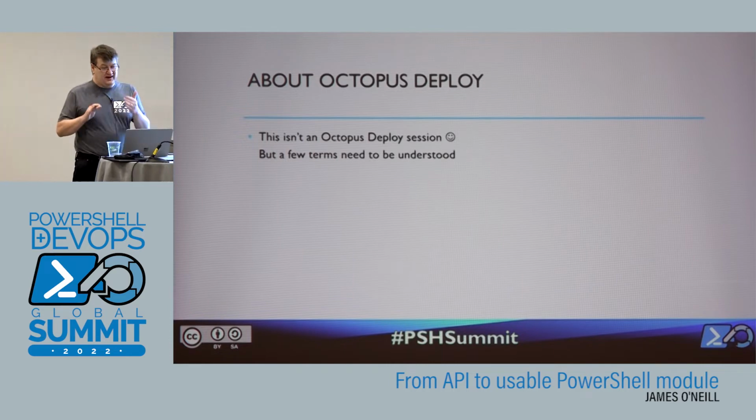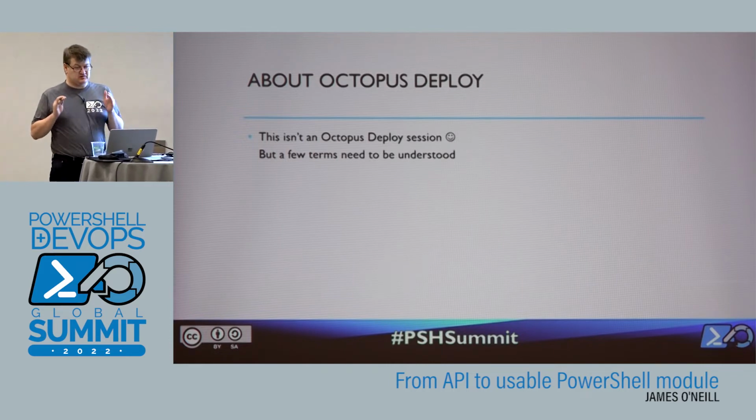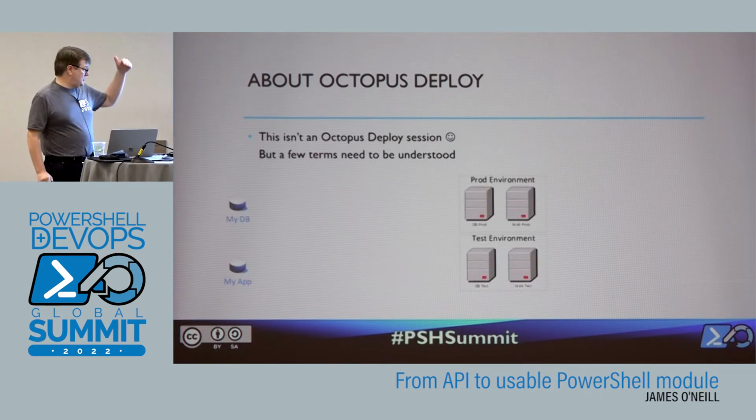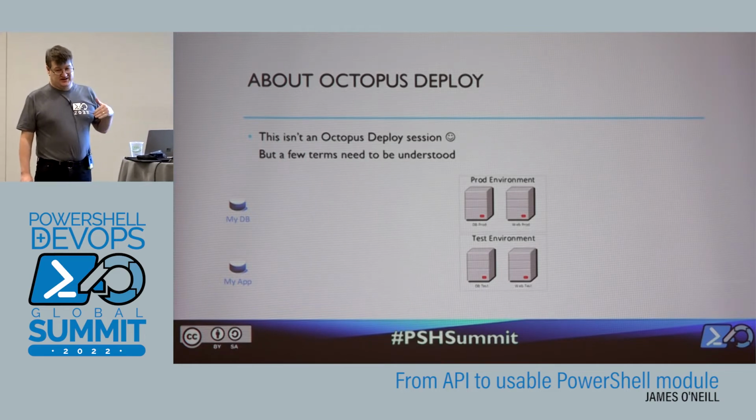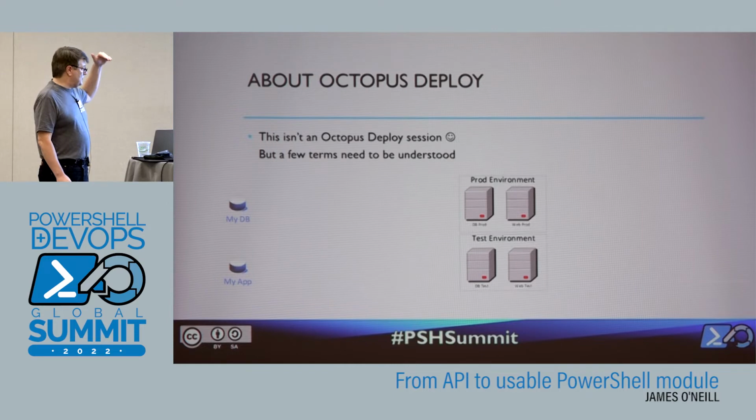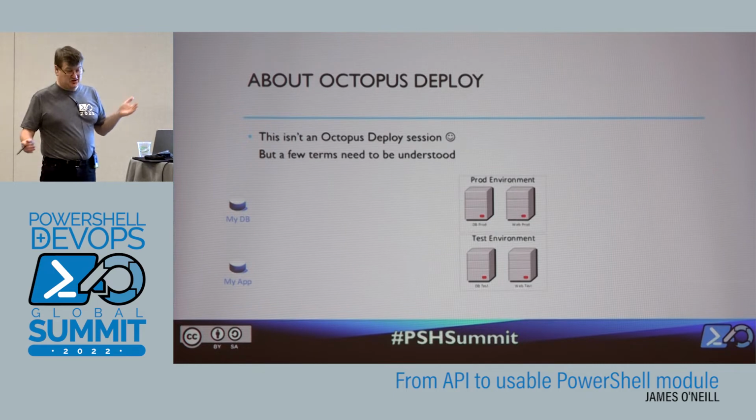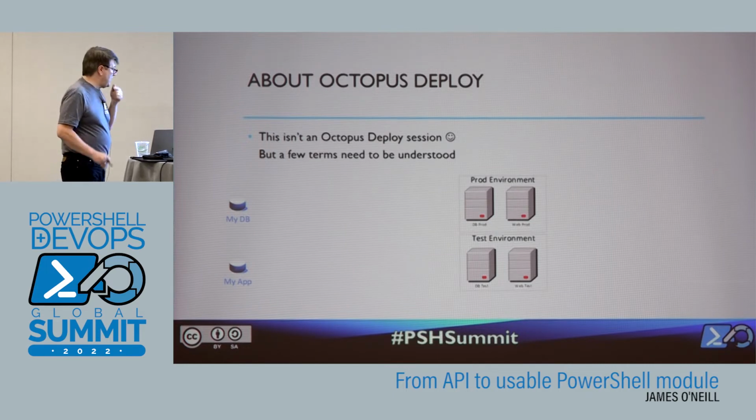Octopus's job, it's a product to deploy software into different environments. So, for example, I've got a production environment and a test environment, and each of those environments has got a web server and a database server. I've got a database package and an application package, and those have to go to the appropriate servers. Okay, not an uncommon scenario.